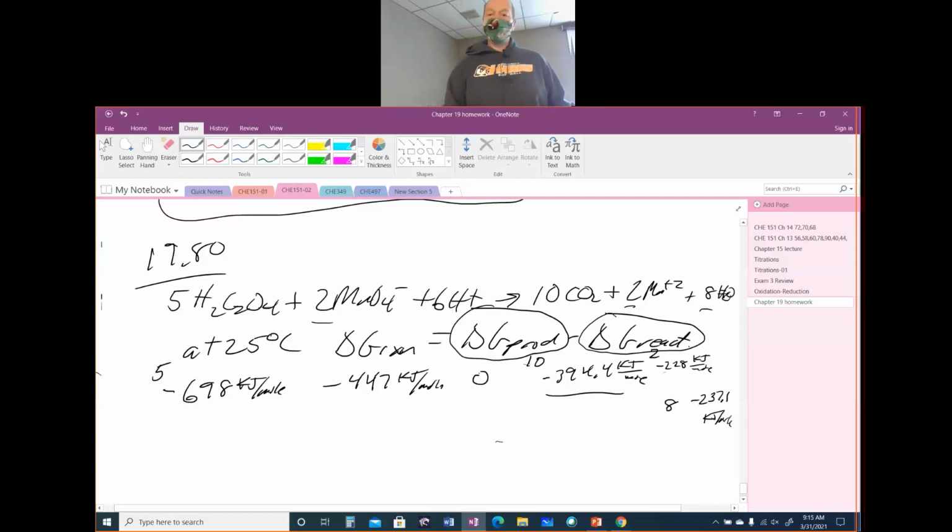All right, and so then you take your product number, subtract your reactant number, and you get your delta G of your reaction. And if you do that, you will get negative 1.91 times 10 to the 6 joules.